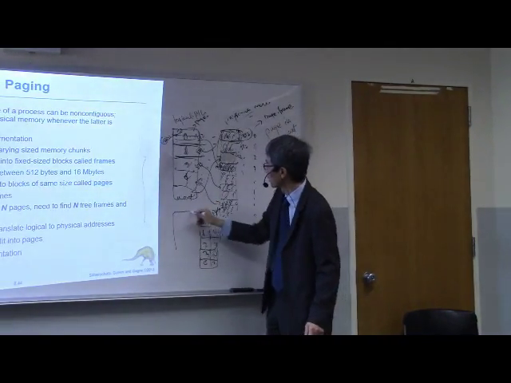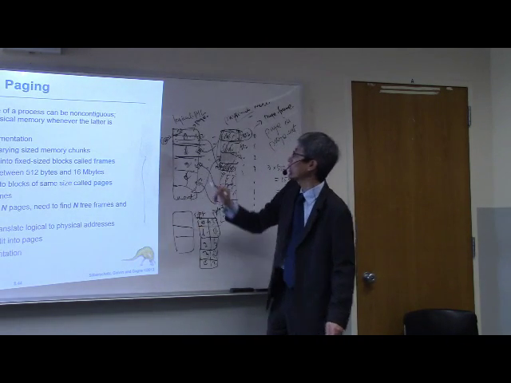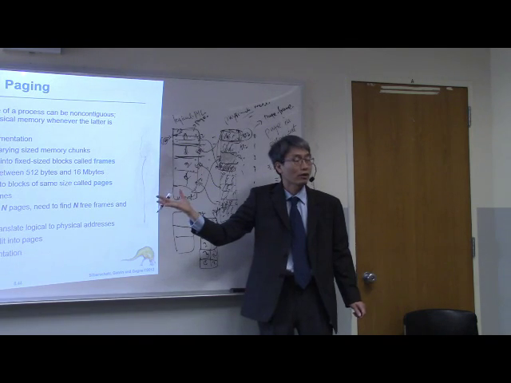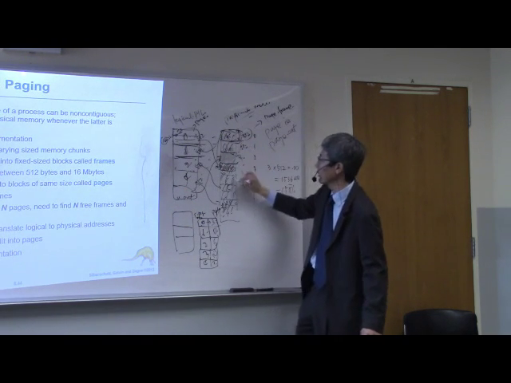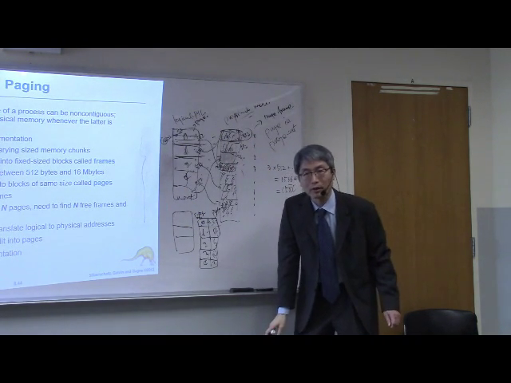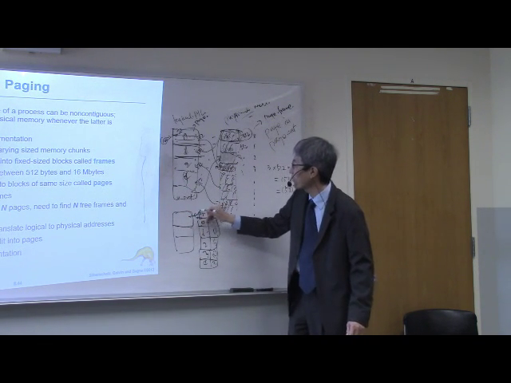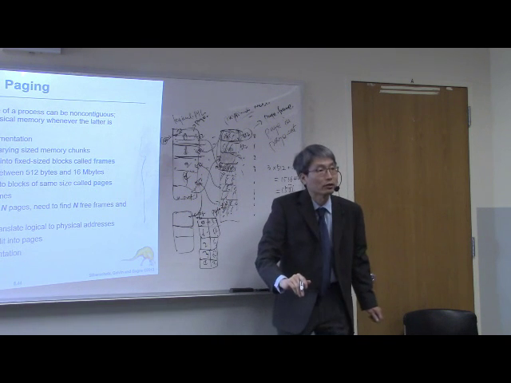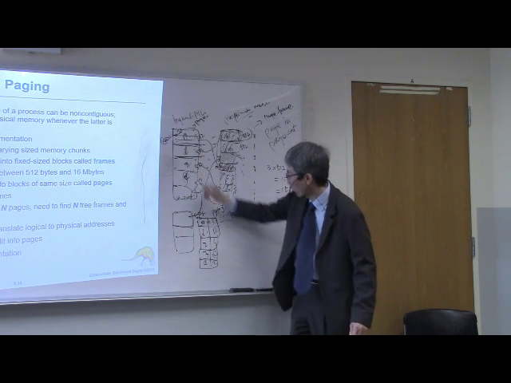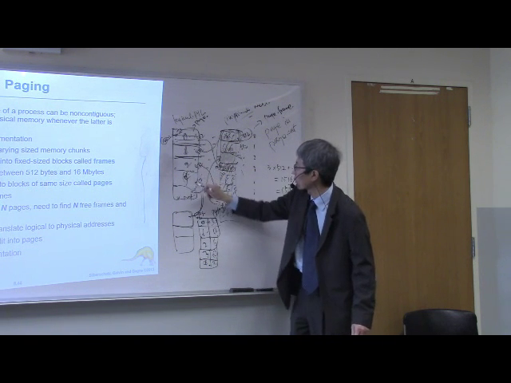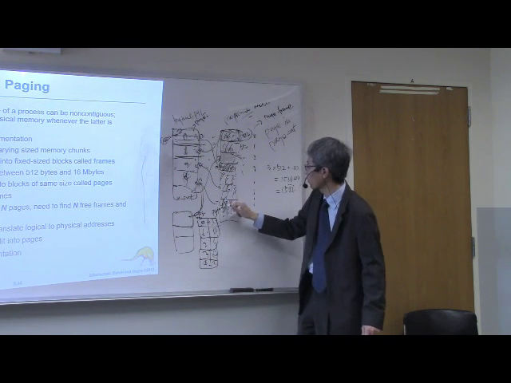In addition to that, there is one more. Sometimes this is a kind of shared library. Shared libraries are already located in the memory. Then I'd like to access this program dynamically, the link to this one. So page number 4 is page number 3: 0, 1, 2, 3. 3 is in the 10, this one.